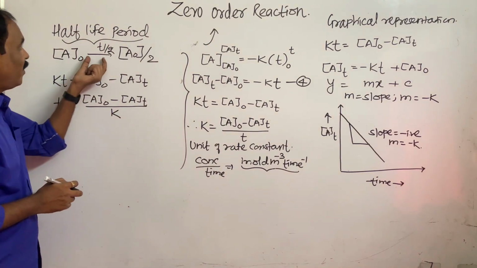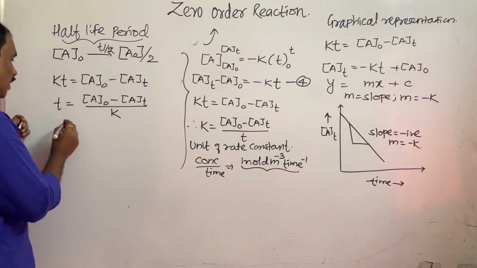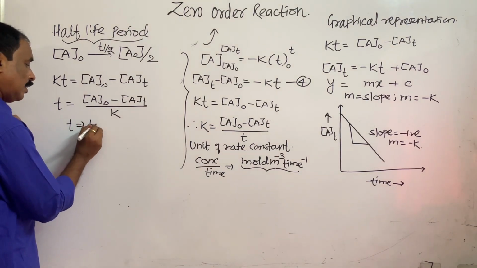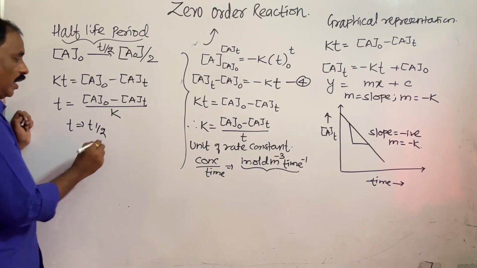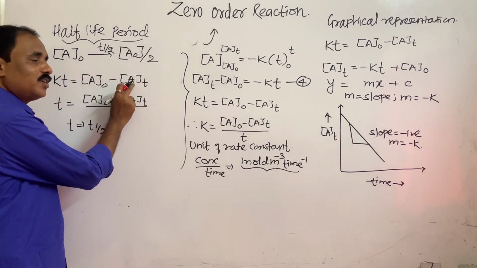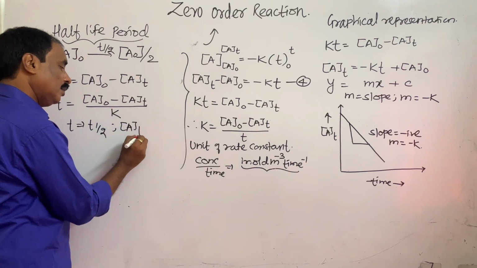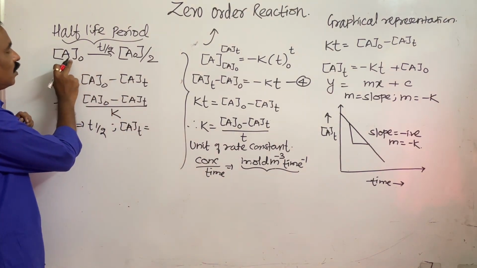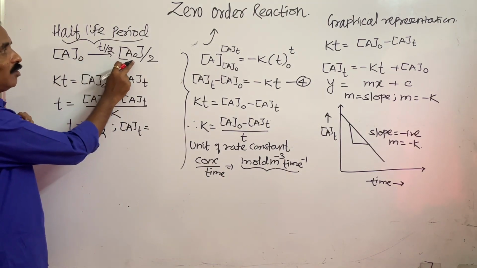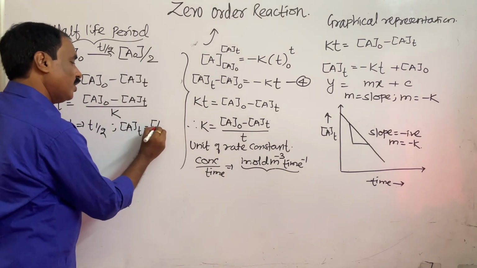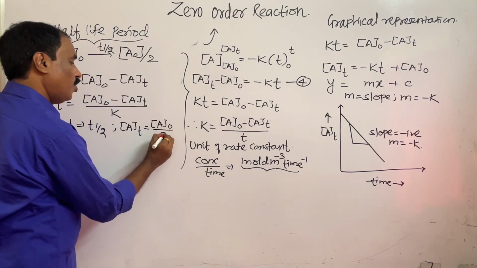Here we are dealing with half-life period. So this t will be t half. After t half, what will be the concentration of reacting molecule? This At will be, after half-life time, A0 by 2.